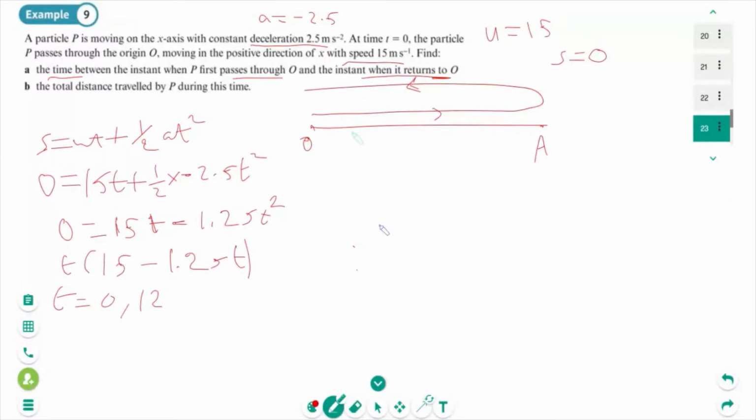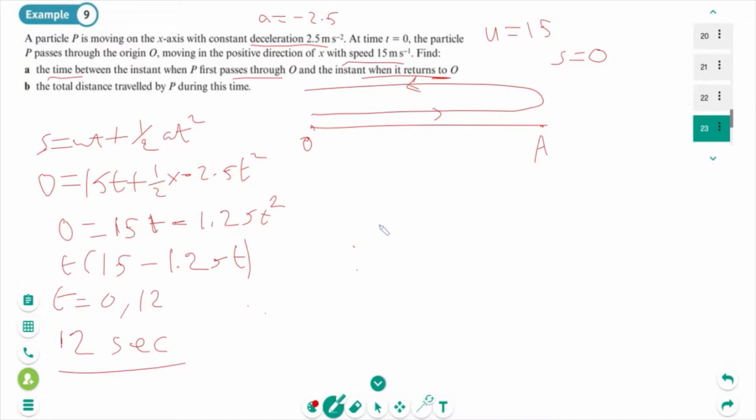So it returns back to the origin after 12 seconds. So to answer the question, the particle takes 12 seconds to return back to base. So the answer to the question would be 12 seconds. Any questions on that one?